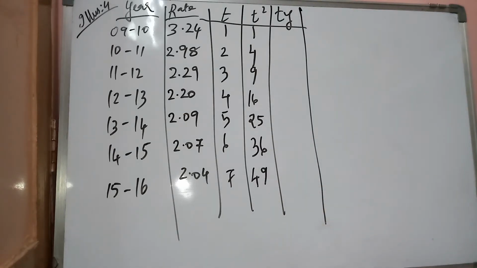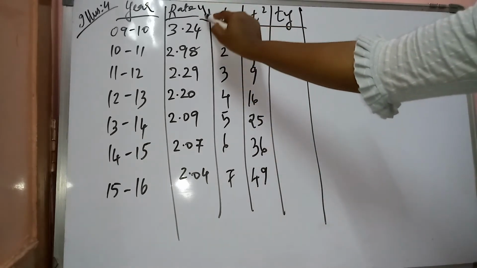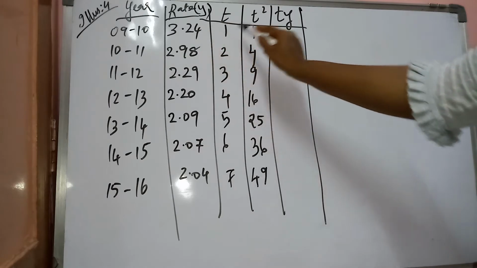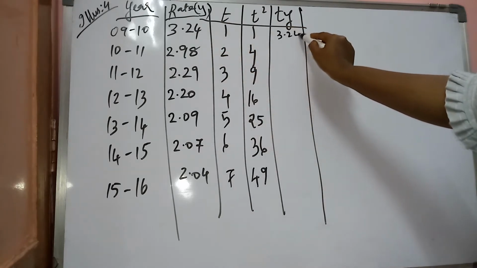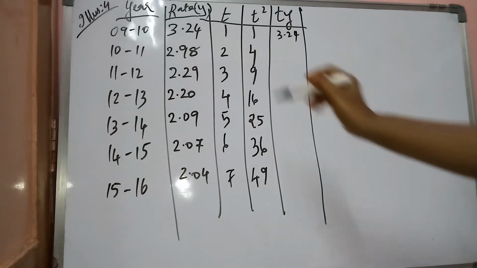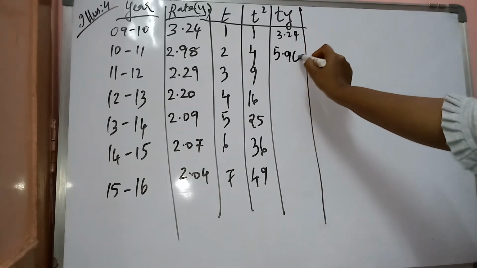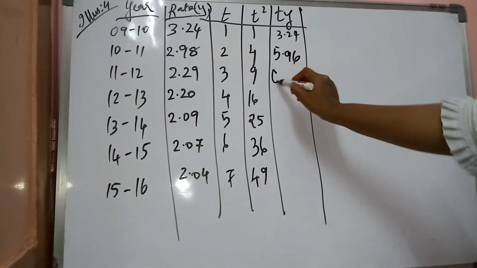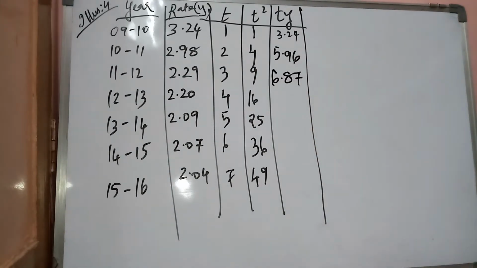Okay, now what is your y? Y is your rate. So ty means t, that is 3.24 multiplied by 1 is 3.24. Now 2.98 multiplied by 2 is 5.96. 2.29 multiplied by 3 is 6.87. Okay, just completed.